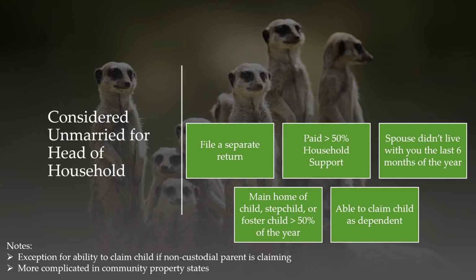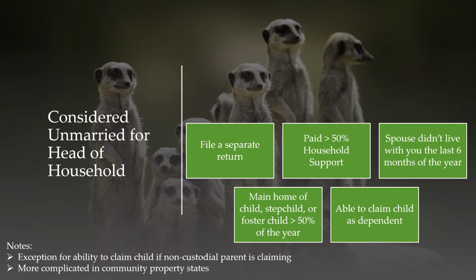We'll look at how to deal with that form-wise in our next lesson when we discuss dependents, but that is an exception. Somebody may have a non-custodial parent claiming that child in that year, but still be able to file as head of household and be considered unmarried for head of household purposes.